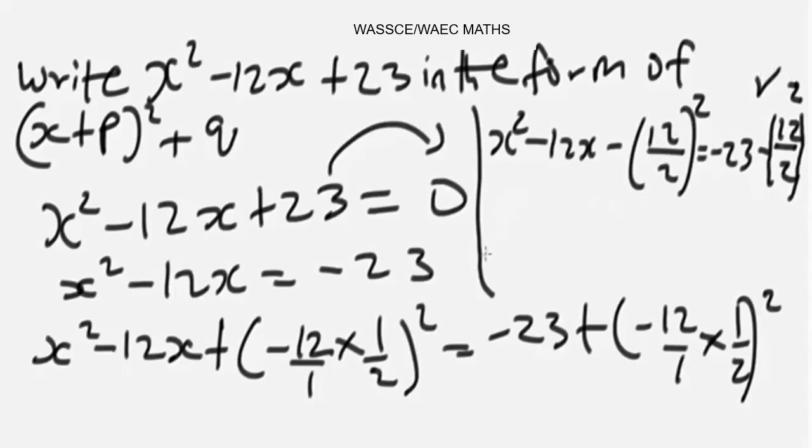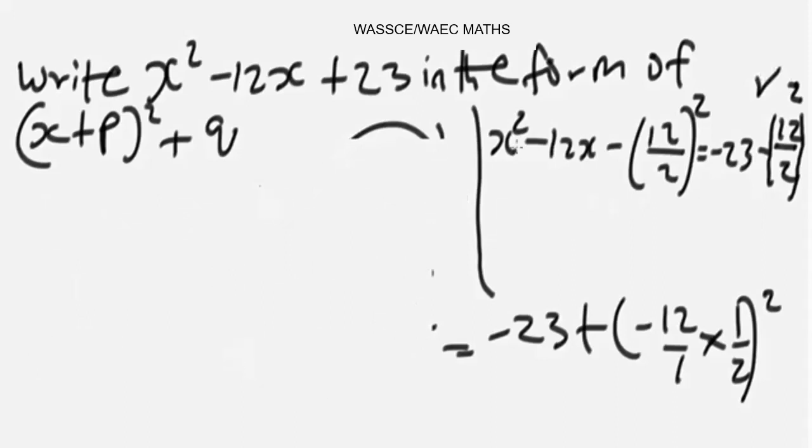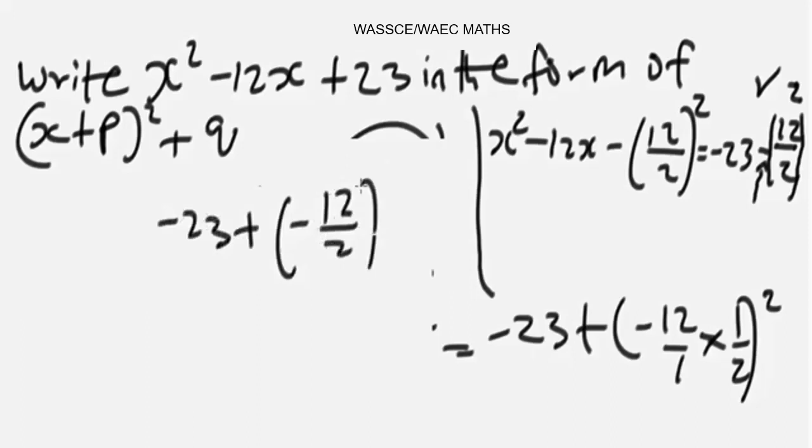Remember, this minus is inside this bracket. So that should have been minus 23 plus minus 12 over 2 squared. But the minus is for the values inside the bracket, so in order not to be confused, write it like this.